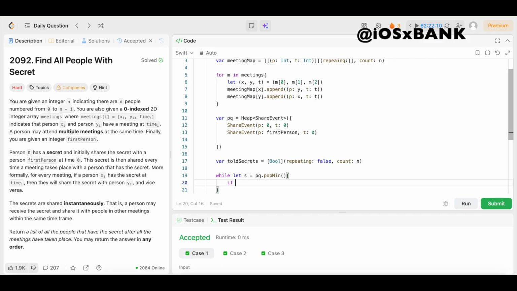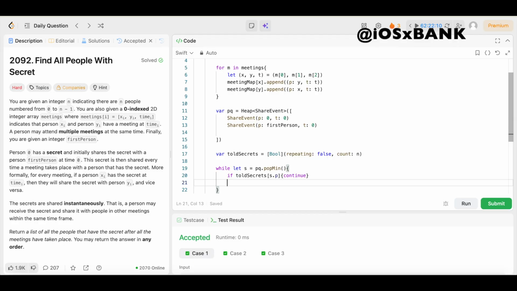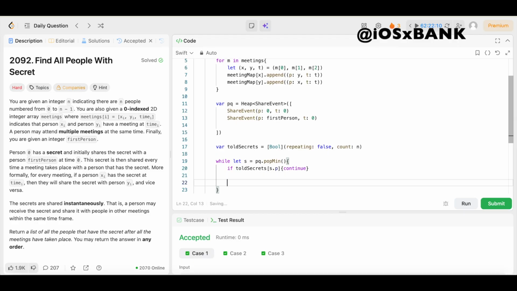So we'll say if toldSecrets square bracket s dot p, come outside of that, open up the brackets, we could just say continue, and that's what's going to skip it. Boom. Then we need to mark this person as having learned the secret, so we're going to say toldSecrets, square bracket, s dot p, come outside of that. We're going to set that equal to true.